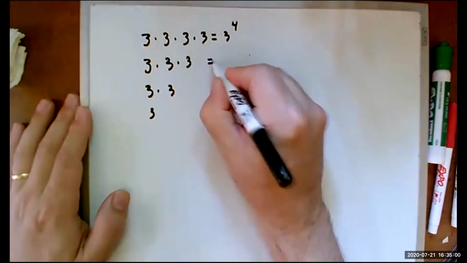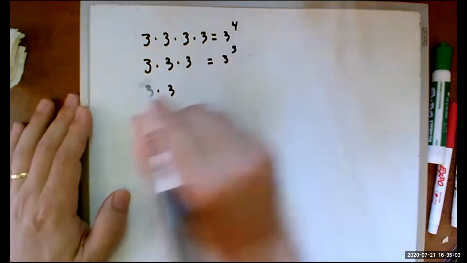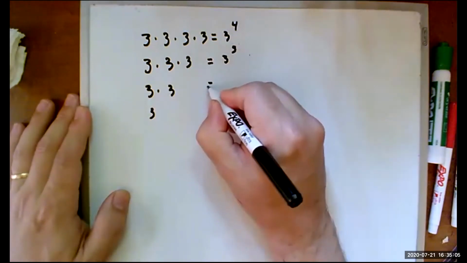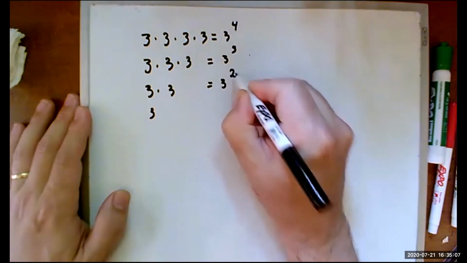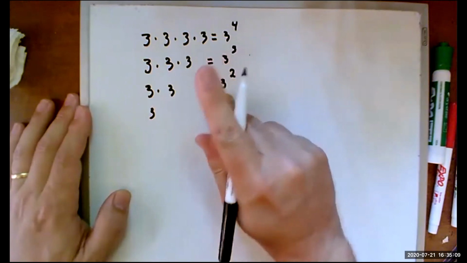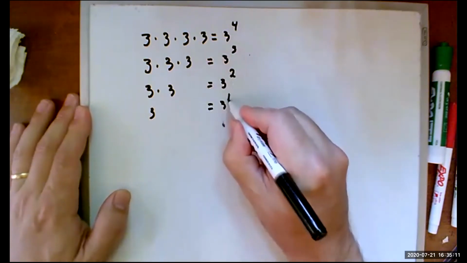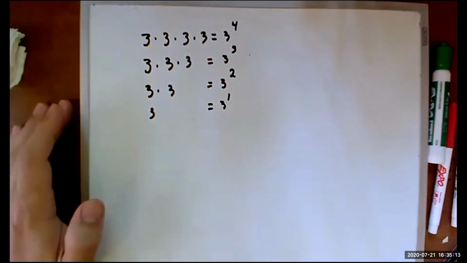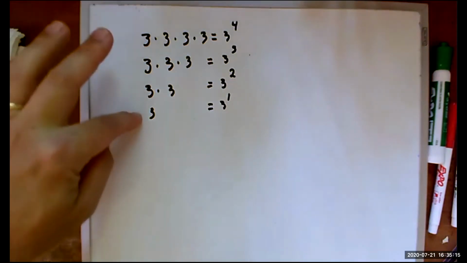Okay, so 3 times 3 times 3 times 3. No problem. That's 3 to the 4th. That's what we're expecting it to be. As we move down here, 3 times 3 times 3, we're dropping one exponent.